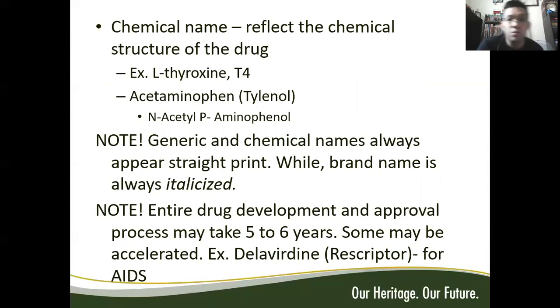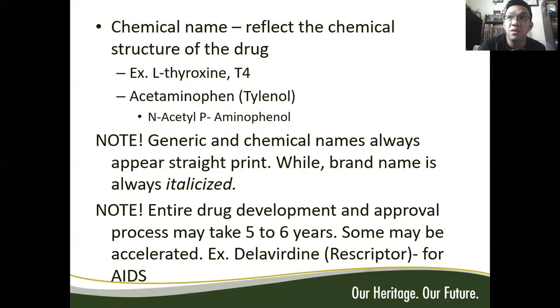Another example would be the over-the-counter drug. The generic name is acetaminophen, while the brand name is Tylenol. This drug is also used to treat fever or pain, while its chemical name is N-acetyl-p-aminophenol. So that is the chemical name of the drug.